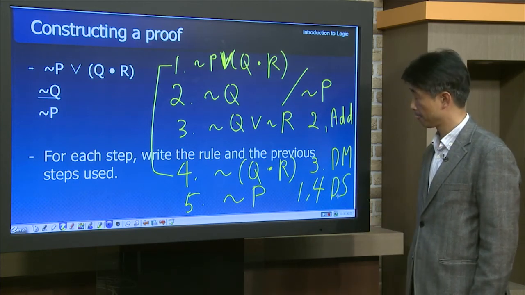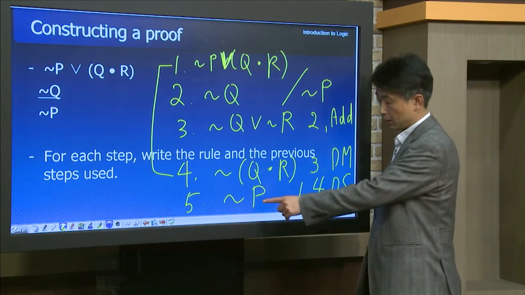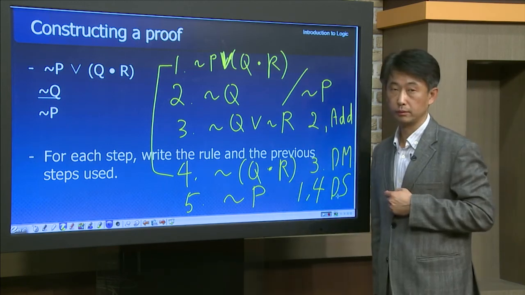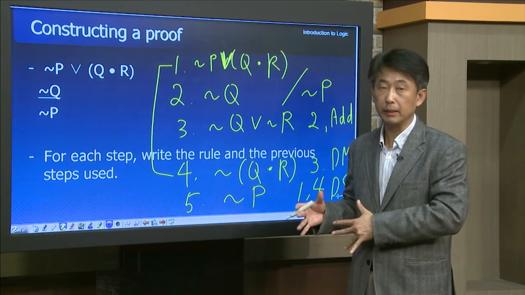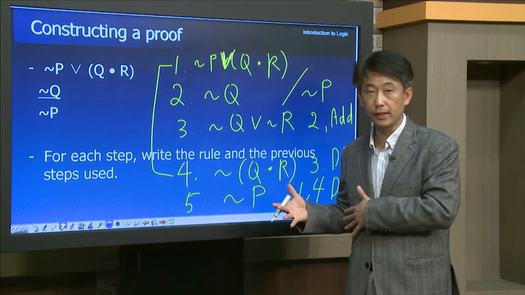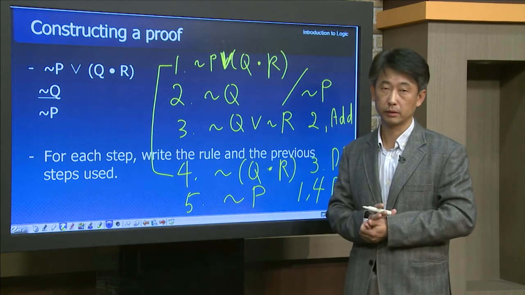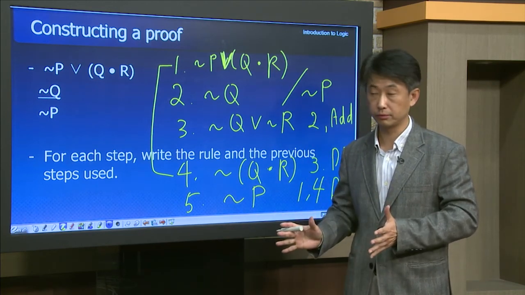Now, that is the conclusion. Once I have reached the conclusion, a step that is identical to the conclusion itself, I stop there. That completes the proof.